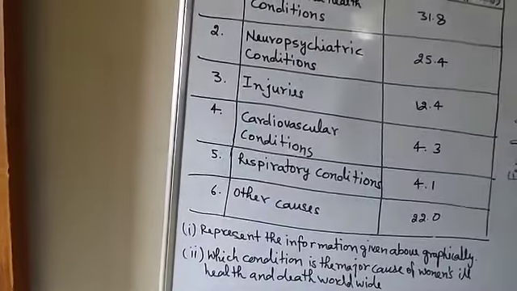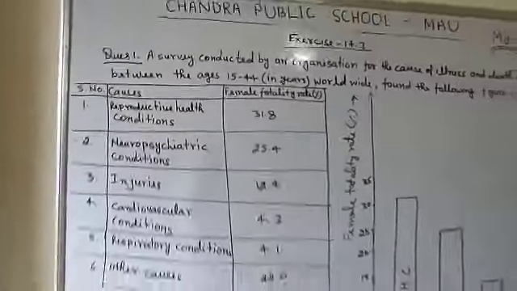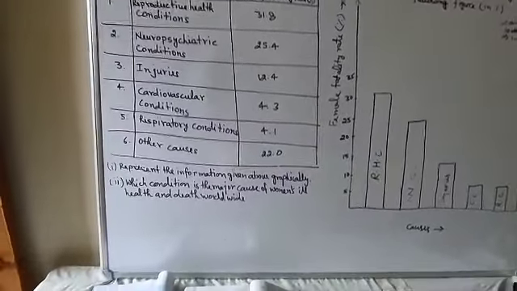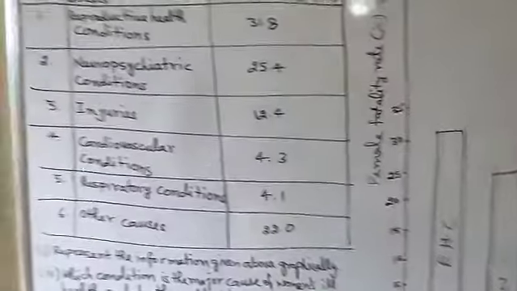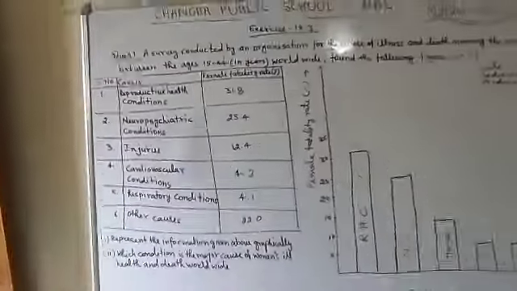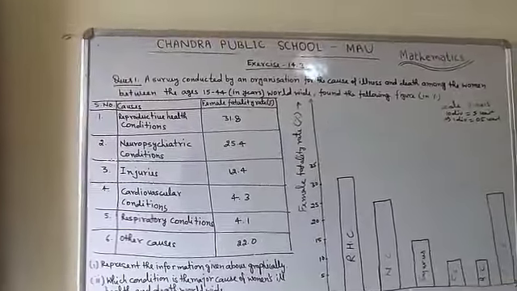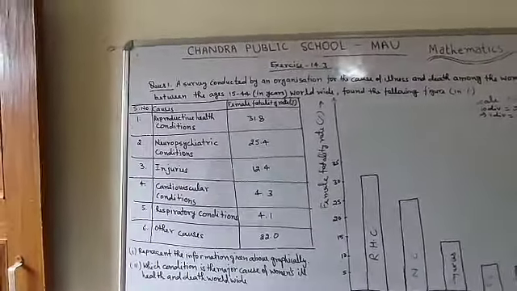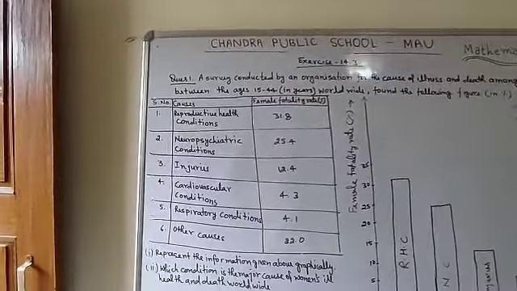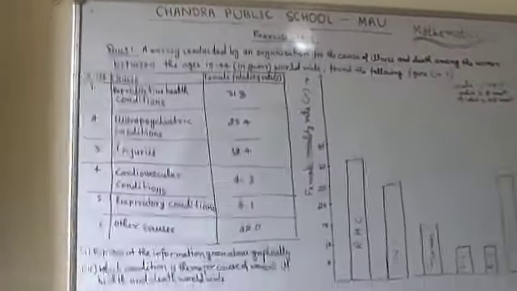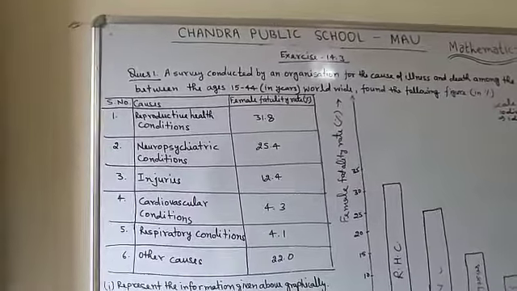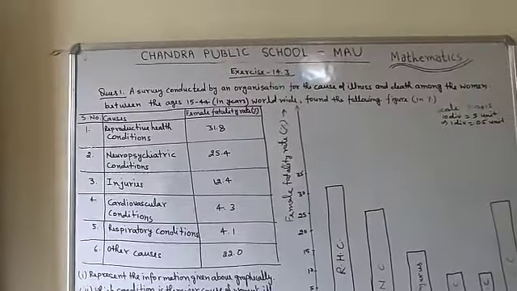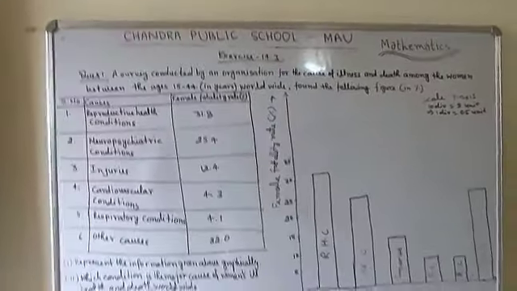So why is reproductive health condition the major cause? You need to give some reasons. 2 reasons are asked. For the reproductive health condition, the women may not get proper medical facilities, that may be the reason. And second, they are not familiar with the medicines and checkups that should be taken properly, so they are not familiar with that. So those may be the 2 reasons for the reproductive health condition.